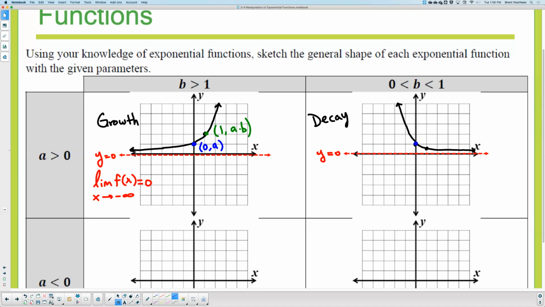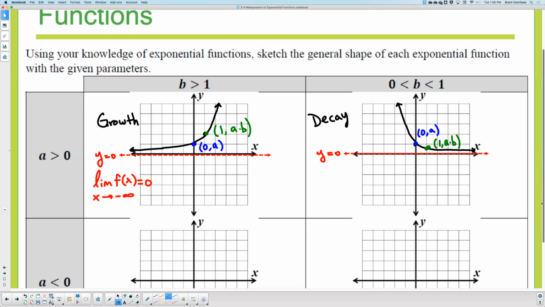So what's the formula for the y-intercept? You can look over here. (0, a). And the last key feature, oops, not a first. It's (1, a·b).